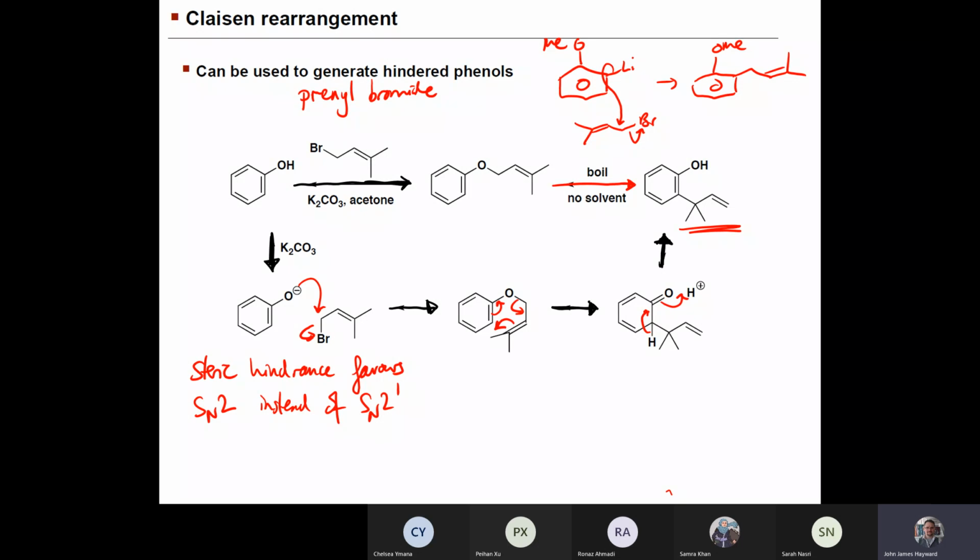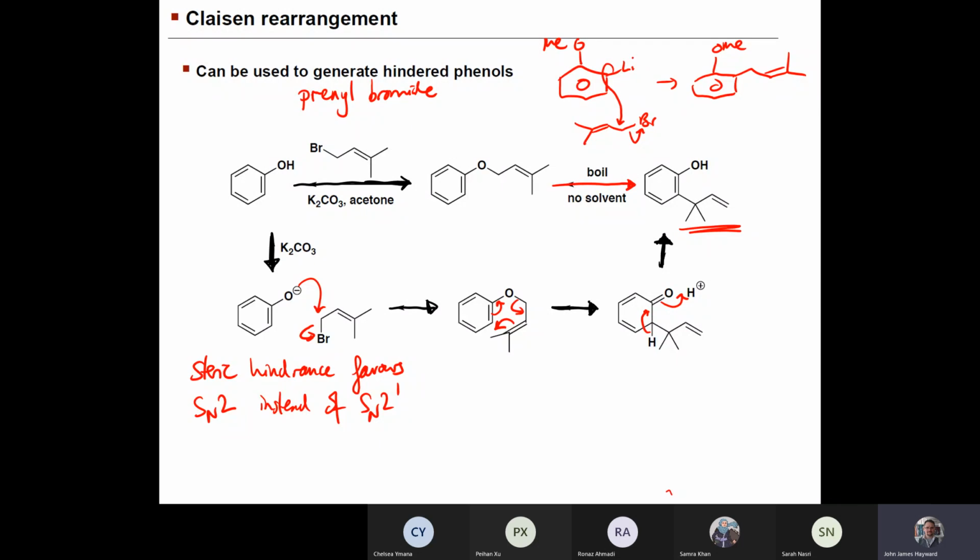So depending on how we do this reaction, because we do 2 steps versus the 1 step of the lithiation, we essentially invert the steric requirements of the reaction.